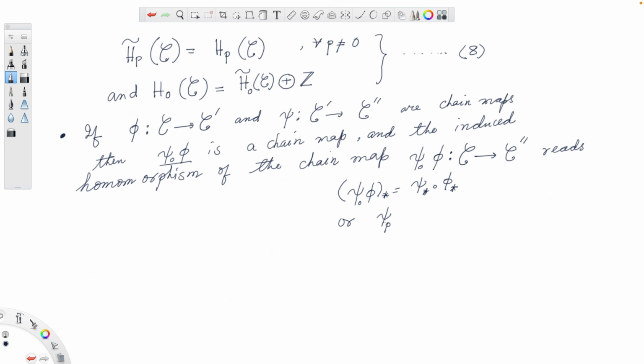Or if we restrict ourselves to dimension p, then psi p composed with phi p star is equal to psi star p composed with phi star p. Okay.